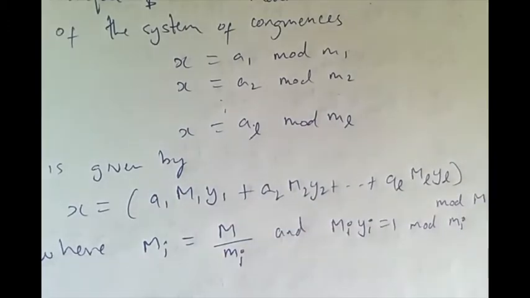So yi is the multiplicative inverse of capital Mi mod small mi. Okay.